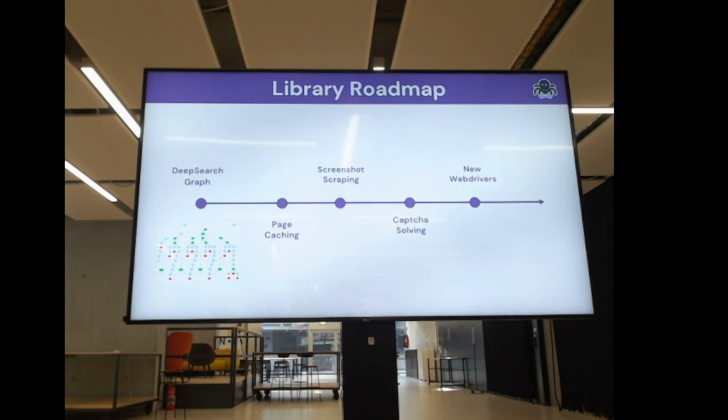Page caching: if you want to scrape the same page over time, maybe with different prompts, you can cache the page and just ask questions to it. Screenshot scraping: take screenshots of the whole website, and then understand maybe some features of the website, like the structure.